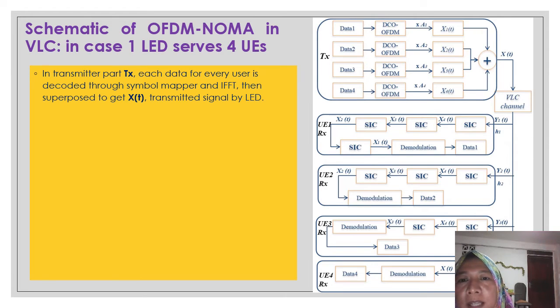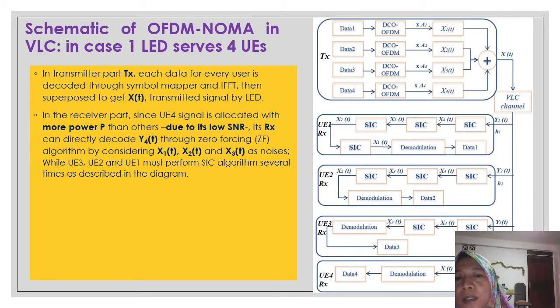Then the OFDM signal of every user is allocated with different power, here symbolized as A1, A2, A3, and A4. The produced signals X1, X2, X3, and X4 are superposed into a single transmitted signal XT. So the LED will transmit this XT into the VLC channel.